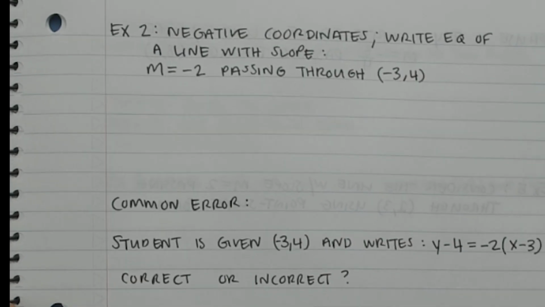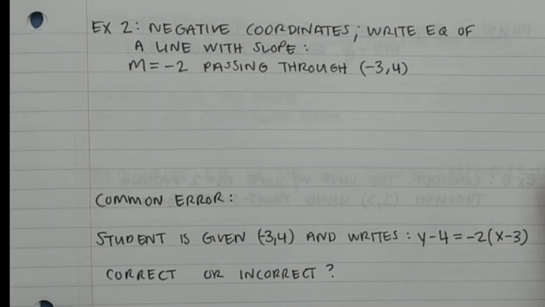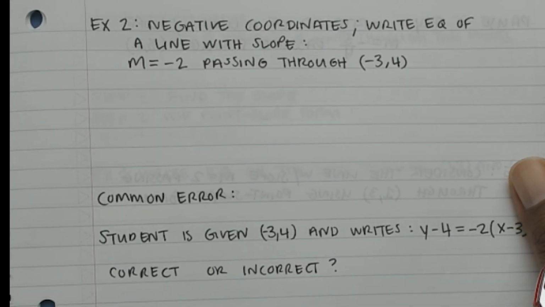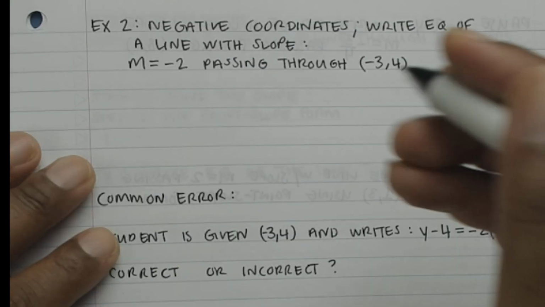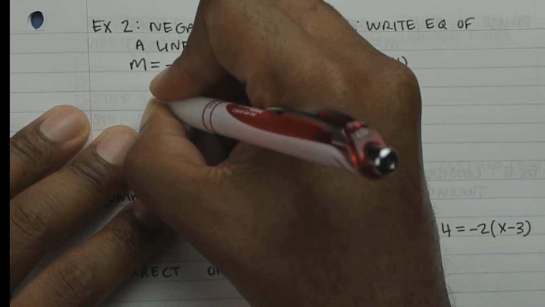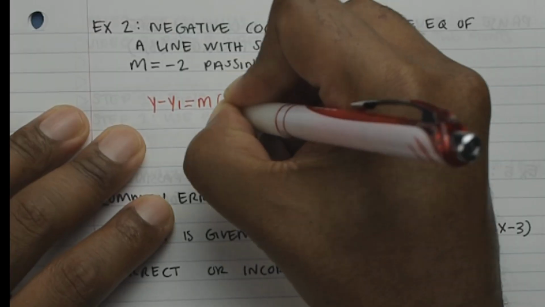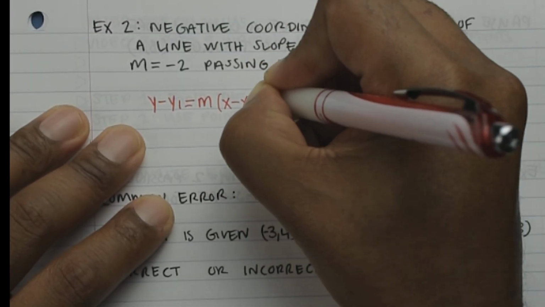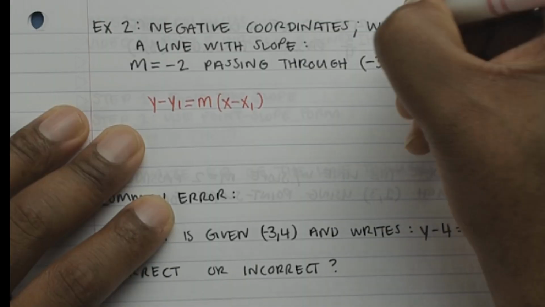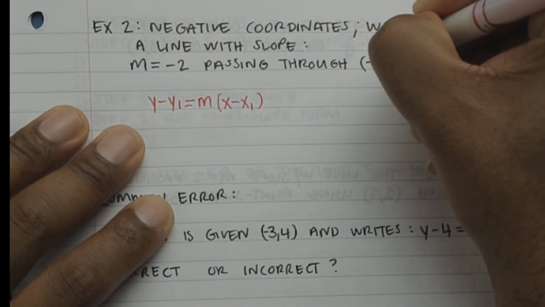Let's continue. Example number 2, negative coordinates. Write the equation of a line with slope m equals negative 2 passing through (negative 3, 4). So we're going to use the point slope formula again. We have y minus y1 equals m(x minus x1). I'm just going to label my points.